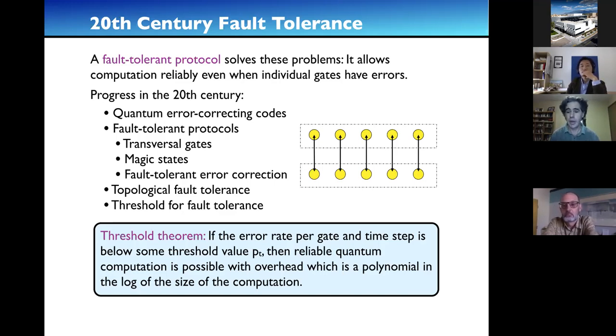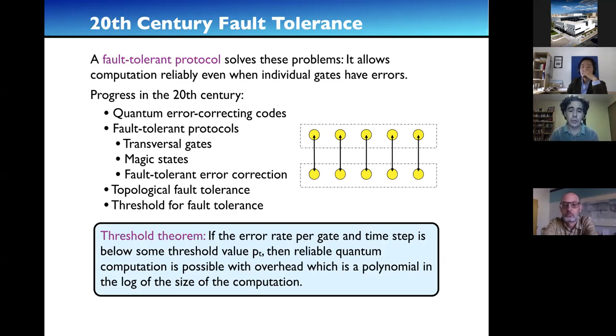And once you've done that, the software can kick in, and by making enough qubits, which is not too much bigger in terms of asymptotic results anyway, than the computation that you want to do, you can do that computation with arbitrarily low logical error rate, even though your individual gates are all failing with some probability.